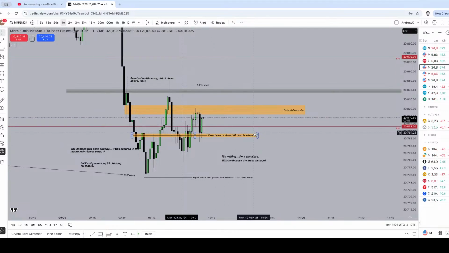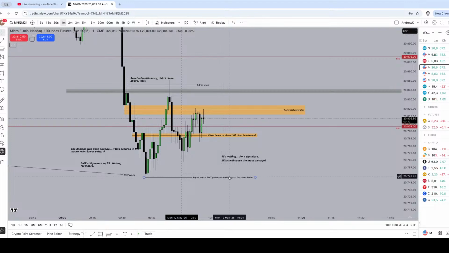I'm just watching these print, studying it. If we get displacement, I'll also look, but I really am looking for this.